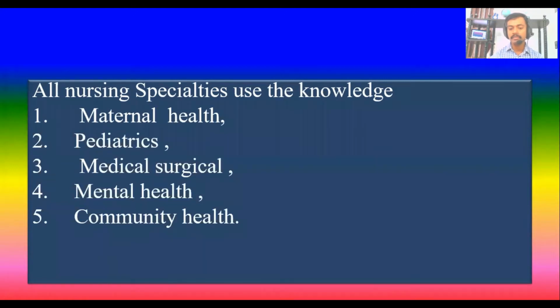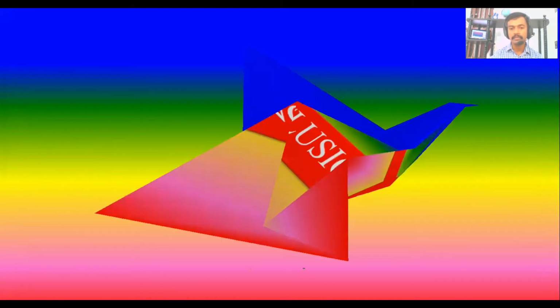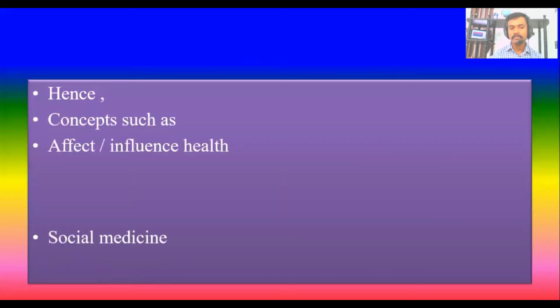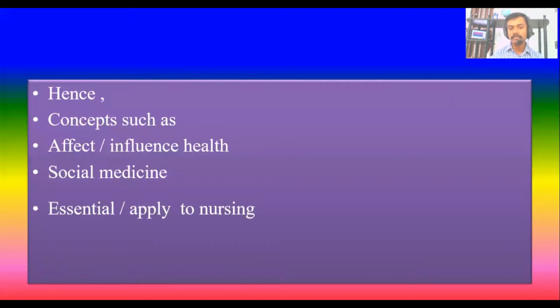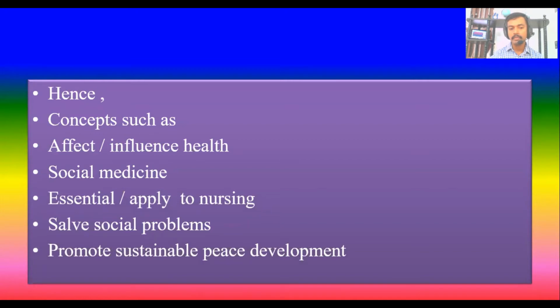So this classification helps us provide client-oriented care as well as caste, race and class-oriented care. Conclusion: all these concepts influence the health status of people. So it uses social medicine, applies to nursing, solves social problems, and promotes sustainable peace and development.